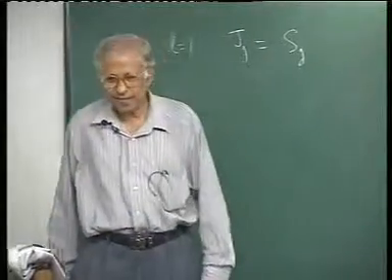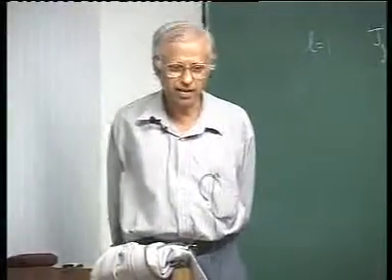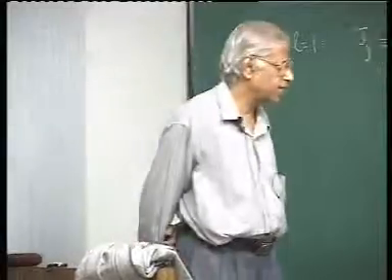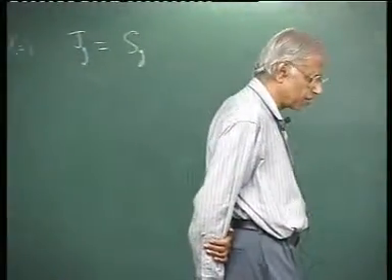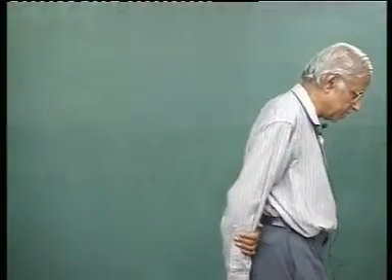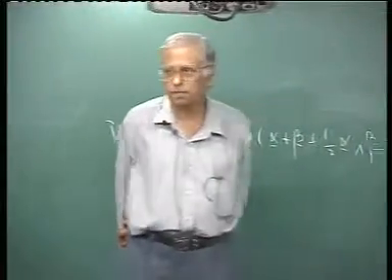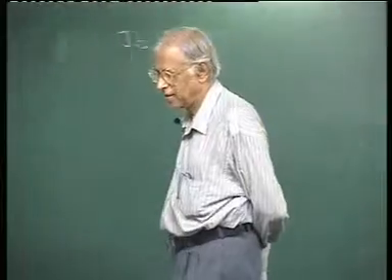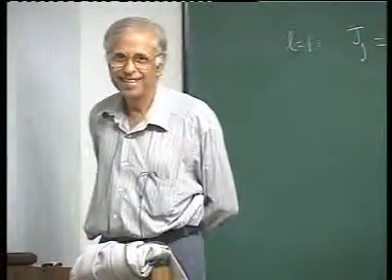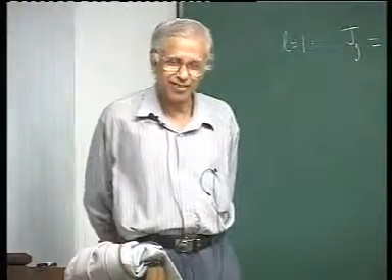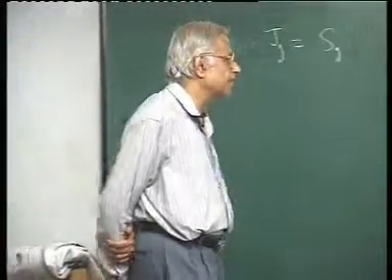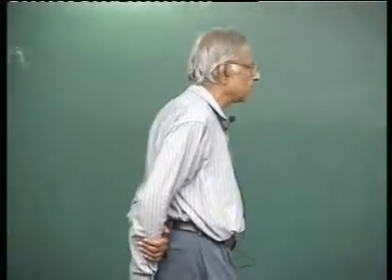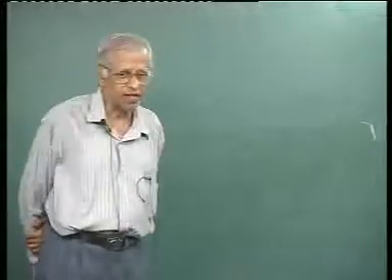What are the generators in the trivial representation? Trivial representation means L equal to 0. So what are the capital J operators in that case? J1, J2, J3, what are they? All of them are 0, because d of alpha is 1, the number 1, whatever alpha may be.